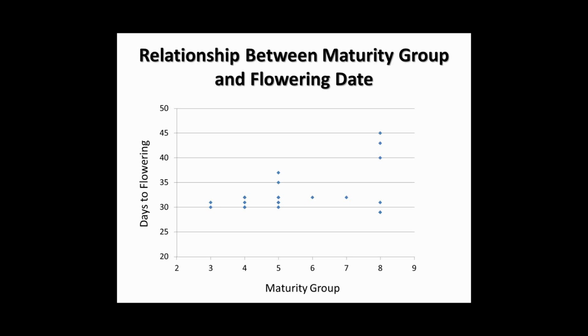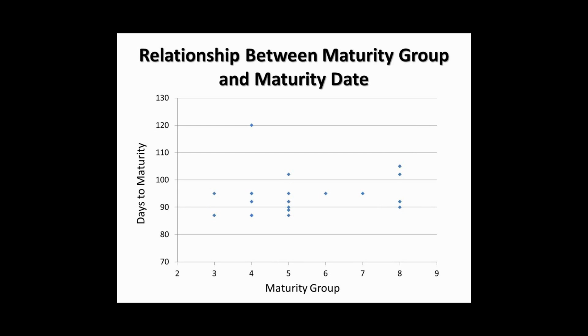And you know, we don't know what genes these lines have, but perhaps some of these group 8s may have the long juvenile trait. I'm not sure. So that's just the relationship between maturity group and days to flower. And then we have days to maturity. Interesting, there's that group 4 line that has pretty late maturity. It would be interesting to follow up on that to see whether that potentially would have some unique genes to give it that longer days to maturity.